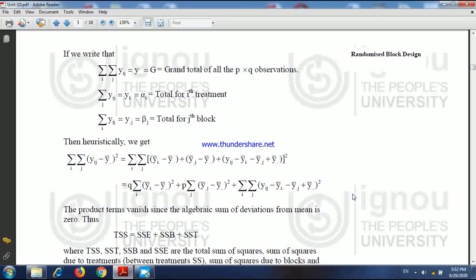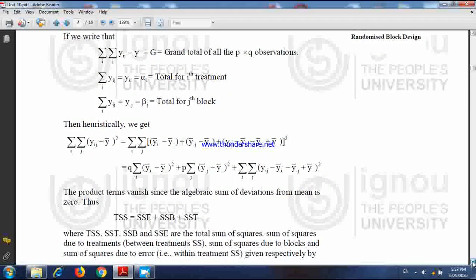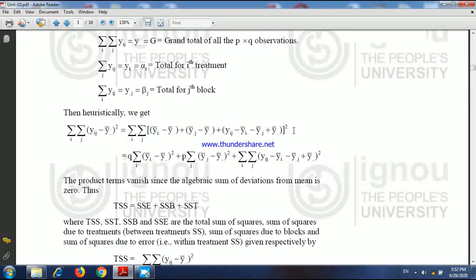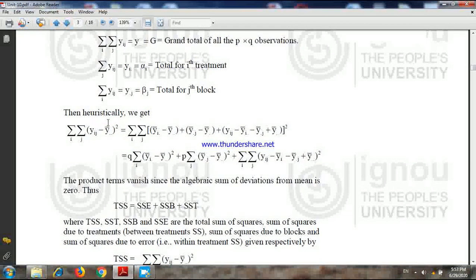We have done this earlier also. The product terms will automatically vanish, since the algebraic sum of the deviations from the mean is 0. Because in all those product terms you will get the algebraic sum of the deviations from the mean. Now what is y dot dot bar?